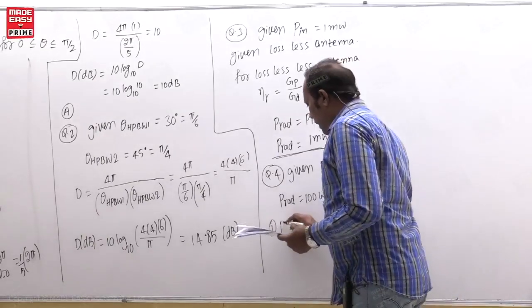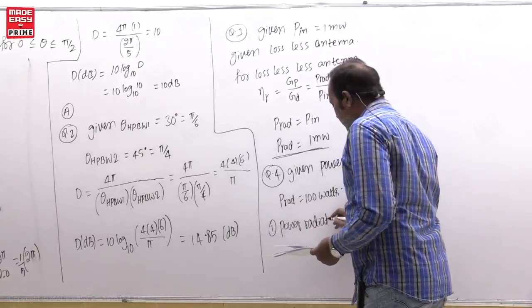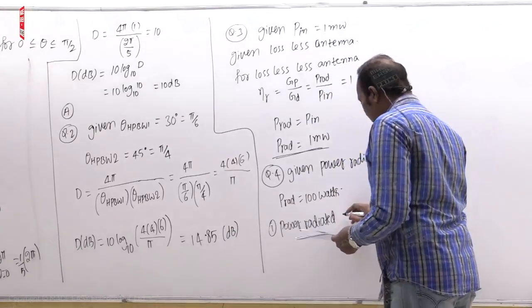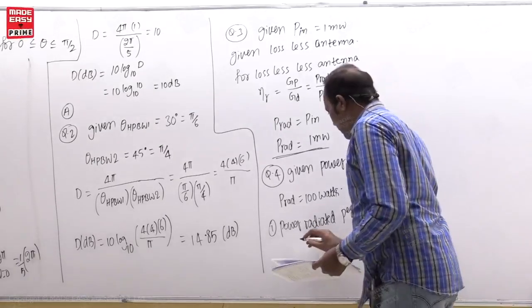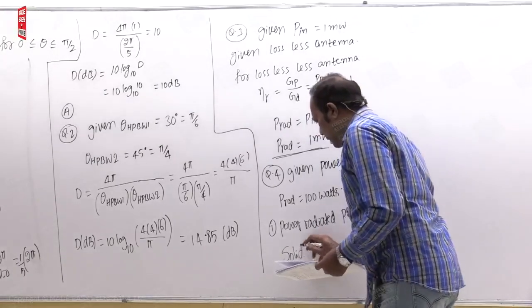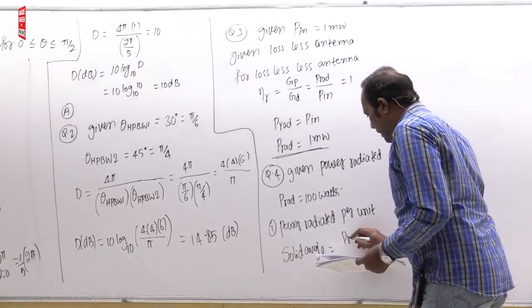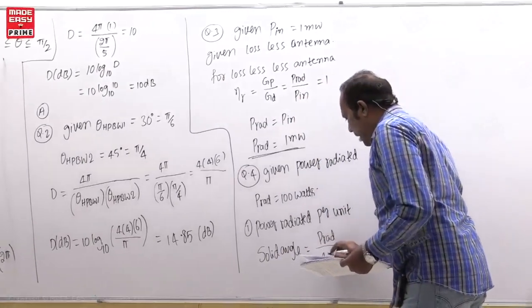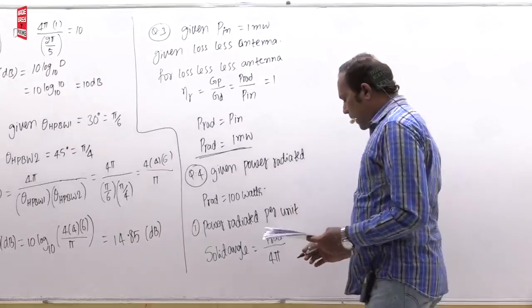So power radiated per unit solid angle is nothing but total power radiated divided by total solid angle. Already I have derived that, that is 4 pi actually.